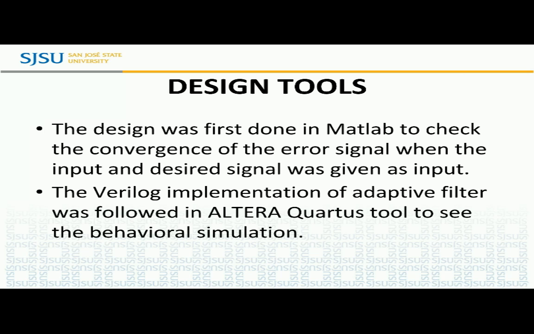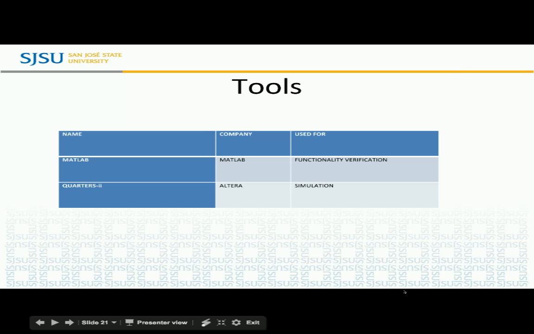When you change the number of taps of the filter, I'll come to what a tap filter is, it converges faster or later according to the number of taps. After I checked the convergence of the error signal in MATLAB, I implemented the Verilog code on the Altera Quartus tool, and saw the behavioral simulation in ModelSim. So the tools used were MATLAB and Altera. MATLAB was used for functional verification, and Altera tools were used for the simulations.